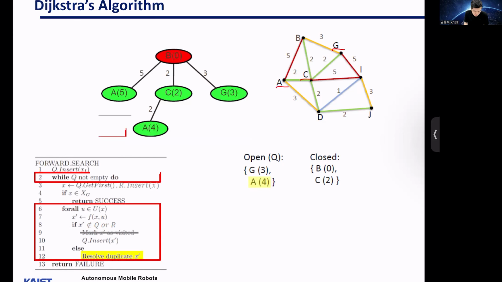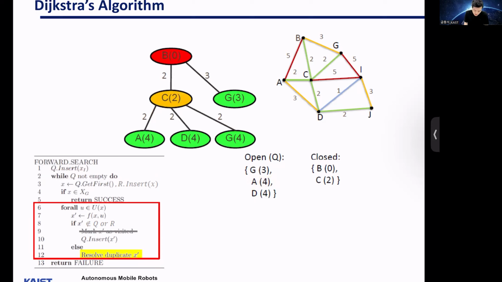C can go to A, D, and G. It's not going to go back. So A, D, G are the options, and you compute: 2 plus 2 is 4, so A4, D4, G4.